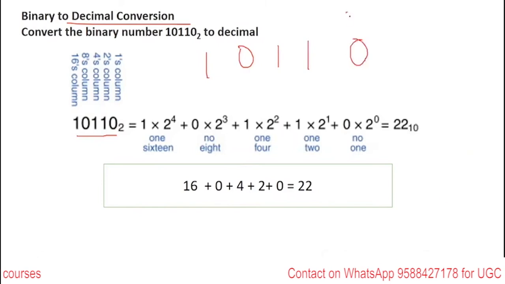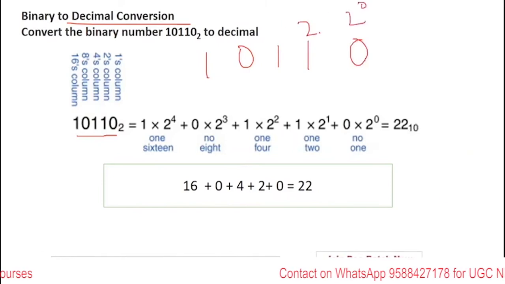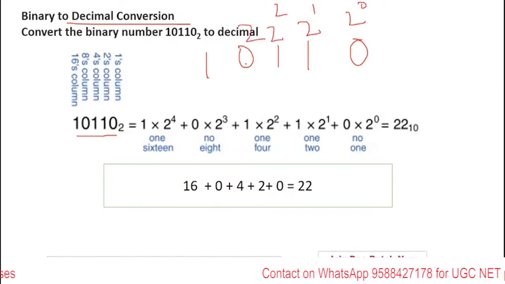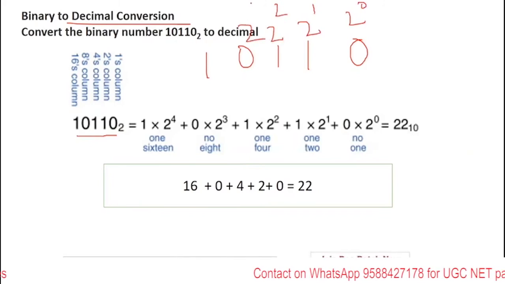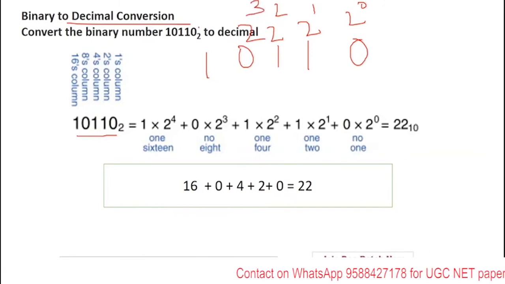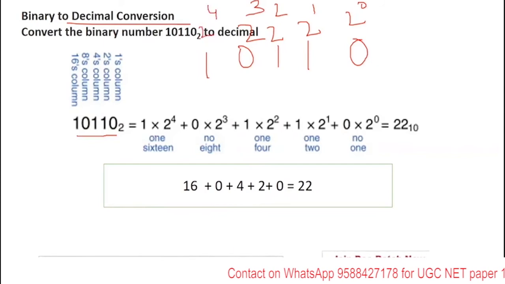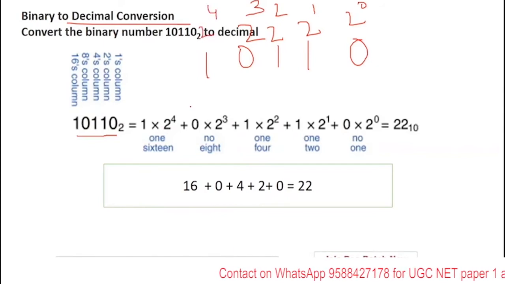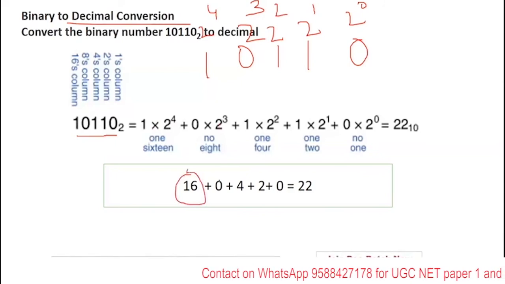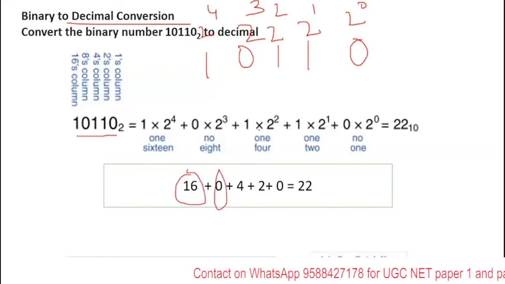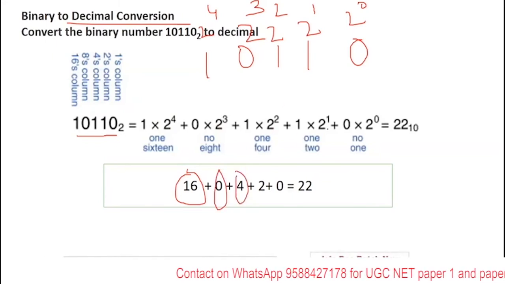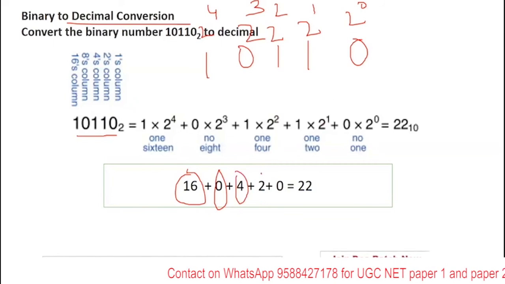It is 2 to the power of 0, 2 to the power of 1, 2 to the power of 2, 2 to the power of 3, and 2 to the power of 4, but while calculating we have to be very careful. 1 into 2 to the power of 4 is 16. 0 into 2 to the power of 3 will be 0. 1 into 2 to the power of 2 will be 4. 1 into 2 to the power of 1 will be 2.